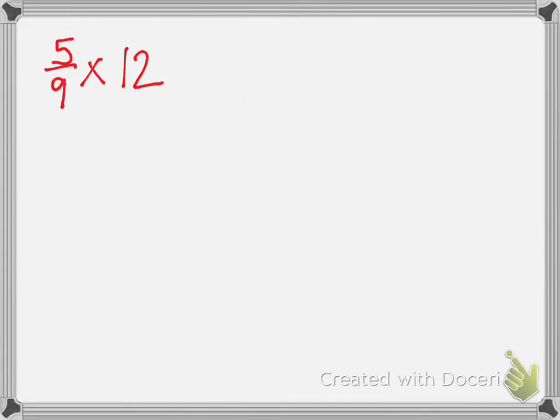Let me model another one. First step is to turn everything into a fraction. 5/9 is already a fraction, but 12 isn't, so I stick it over 1. Any number over 1 is that number.